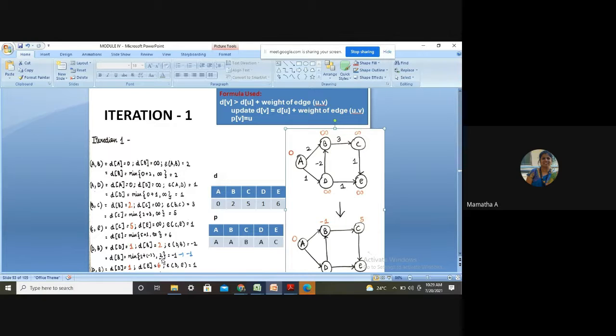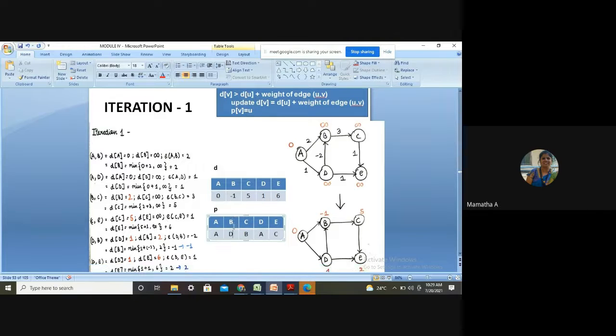Earlier, infinity became 2. From 2, now you are changing to -1. So what is the updated value of d of B? d of B is now -1. Through which vertex did I get that minimum value? What is P of B, students? D, ma'am. Through D. Yes?